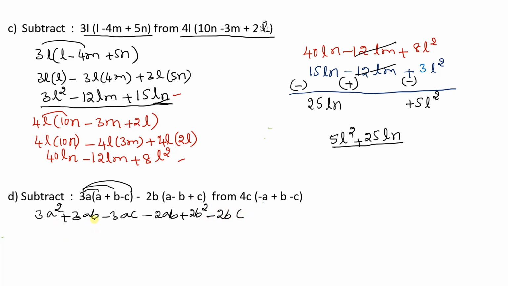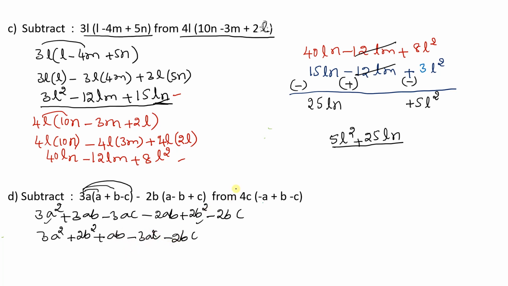Let's simplify this. It is 3a square plus 2b square. 3a square is over, 2b square is over, plus 3ab minus 2ab is plus ab, minus 3ac minus 2bc. So this is the first term.